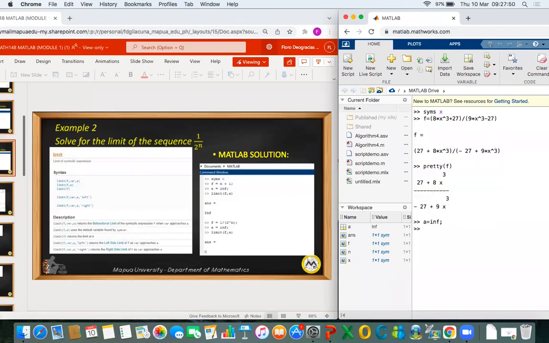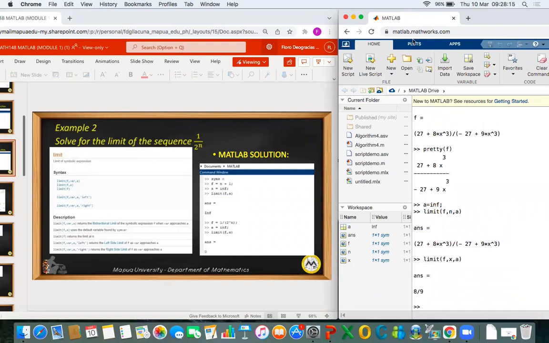Then take now the limit, class. So I'm using my up arrow, class. Sorry for that, class. I forgot to change the variable. Now it should be x. Okay. So the answer is 8 over 9, right, class?